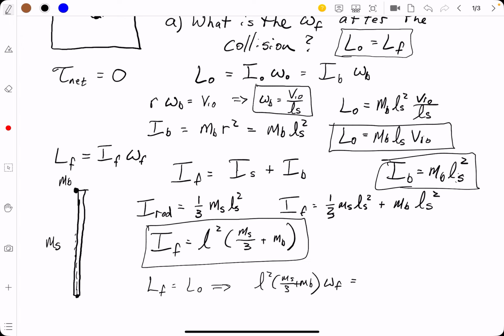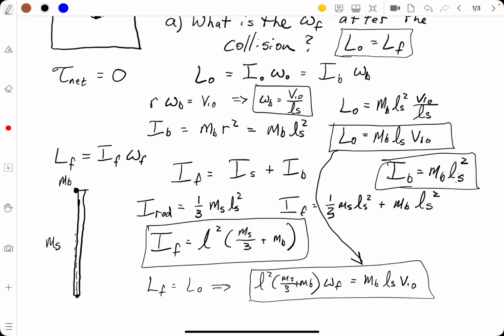And that equals our initial, which is all these things: MB, MB LS V10. And I'm going to solve this equation for this guy right here.